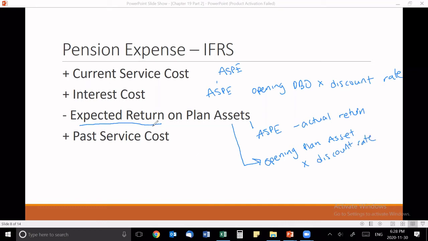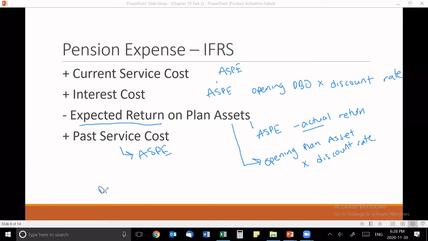And then we're going to add our past service cost, which is the same as ASPE. So 3 of the components are the same as ASPE. The expected return is different because ASPE does the actual return. Actual return is usually given to you in the case. To get the expected return, take your opening balance of your asset and multiply it by the discount rate. That's usually not given, so you might have to do the calculation.